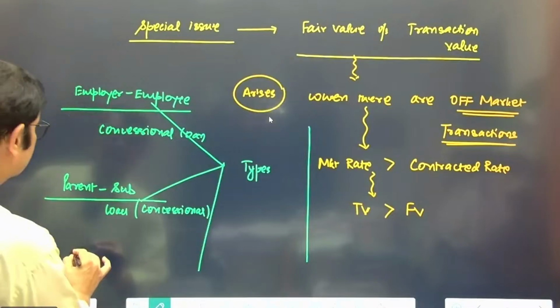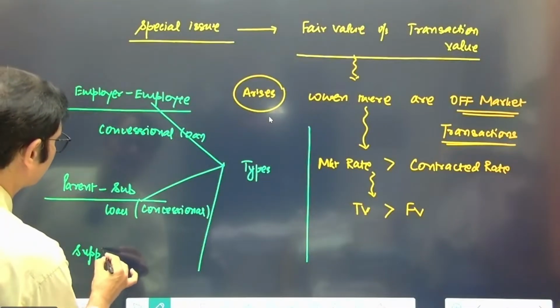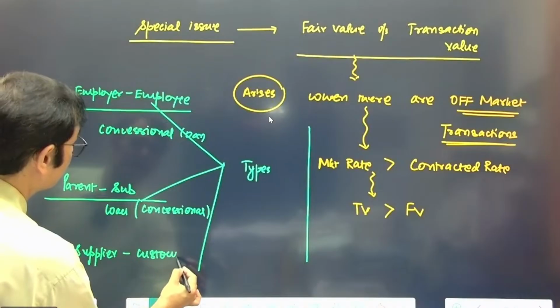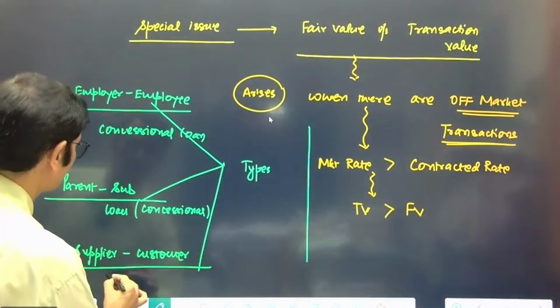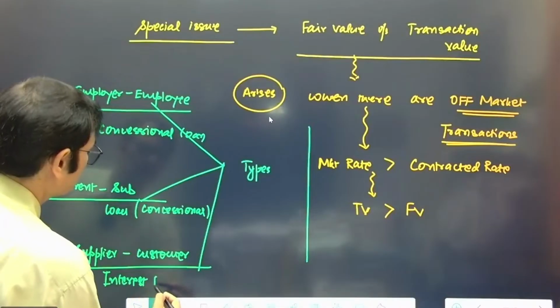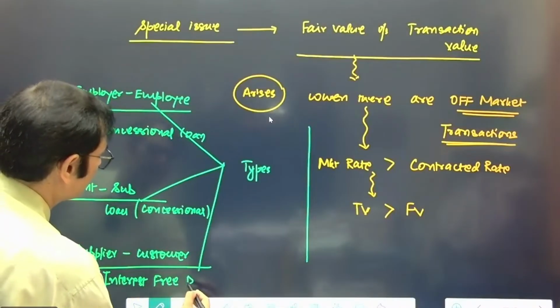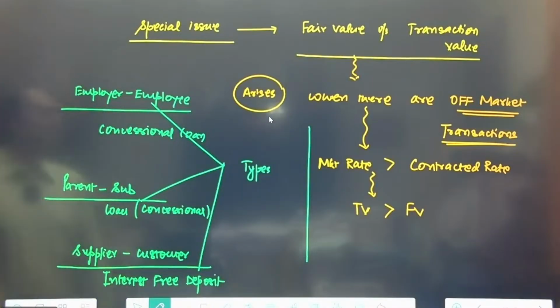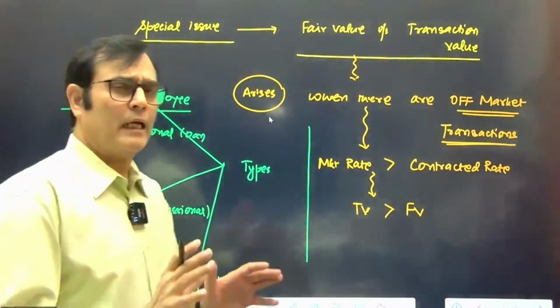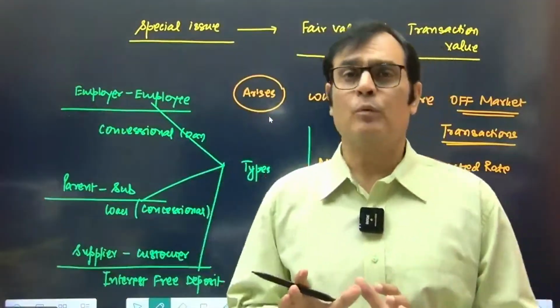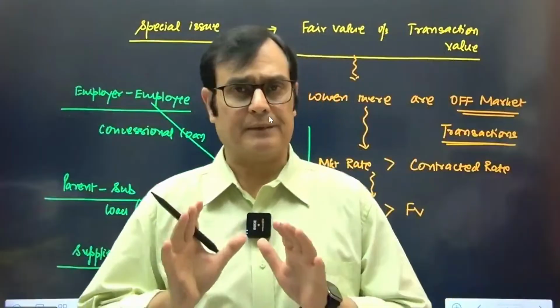Or it could be a supplier-customer relationship, which could be on account of an interest-free deposit. So looking at the kind of questions which come in the exams or which are given in the study material, I broadly consider these the typical three situations where you will see off-market transactions happening.